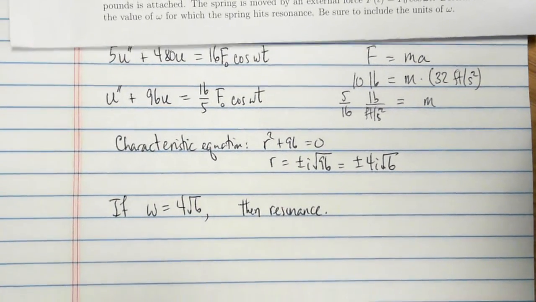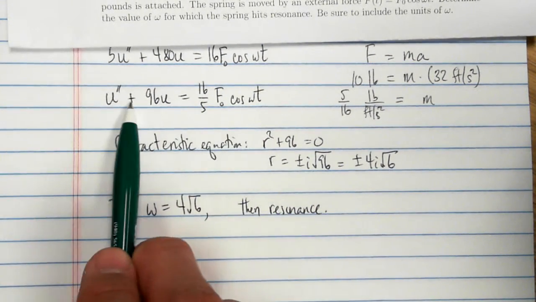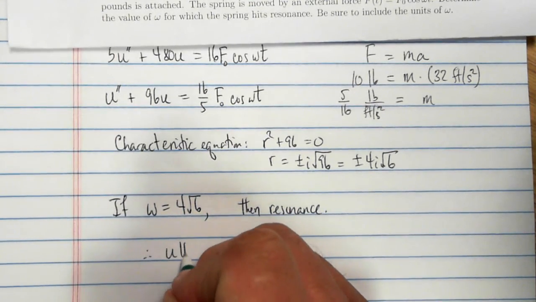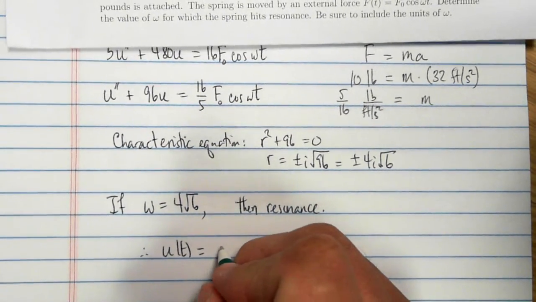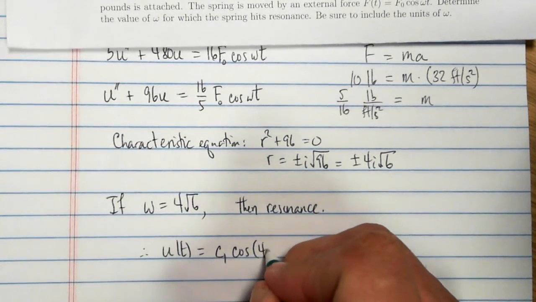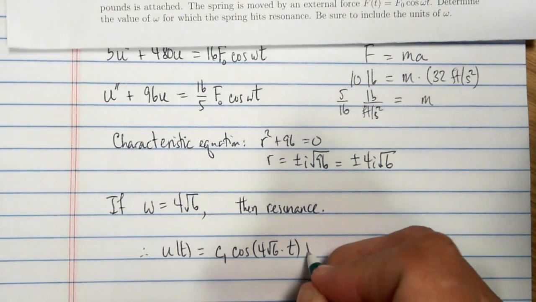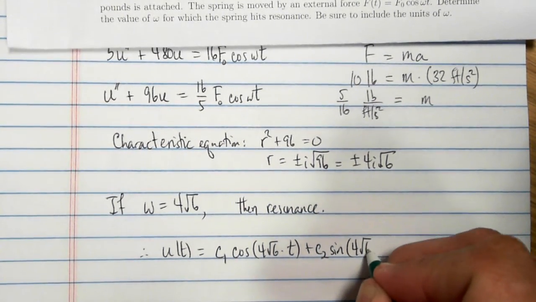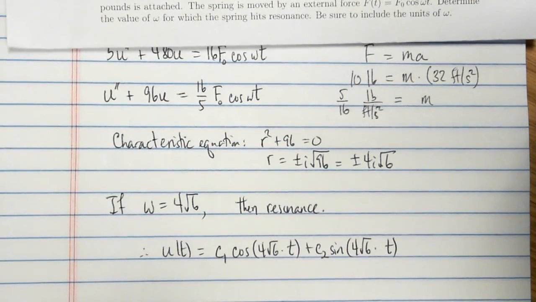The reason that happens is because if that's the differential equation, then u of t would be equal to the solution from the homogeneous equation, c1 cosine 4 square root of 6 times t plus c2 times sine 4 square root of 6 times t. Then I also have to add on the particular solution to match the right-hand side.